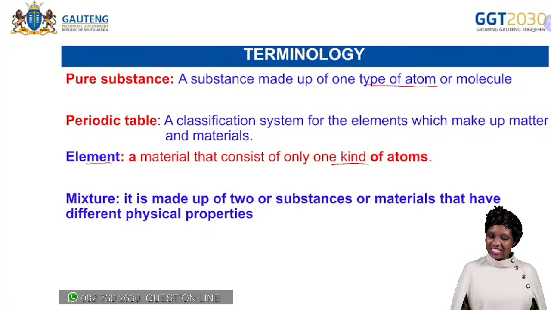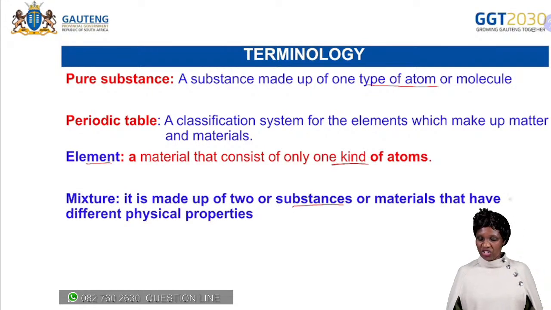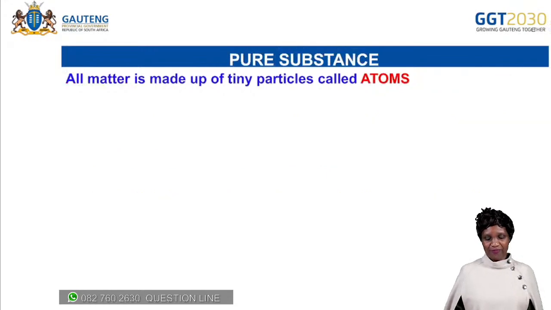It is made up of two substances or materials that have different physical properties. This is a mixture. We've got two substances or even two materials. Then you mix them together, then it becomes a mixture.